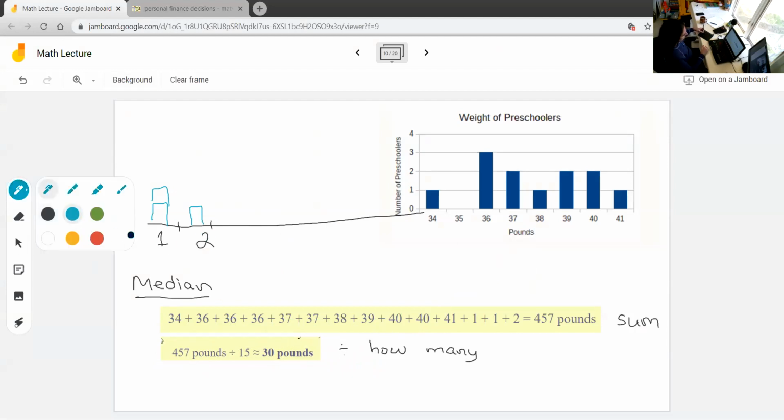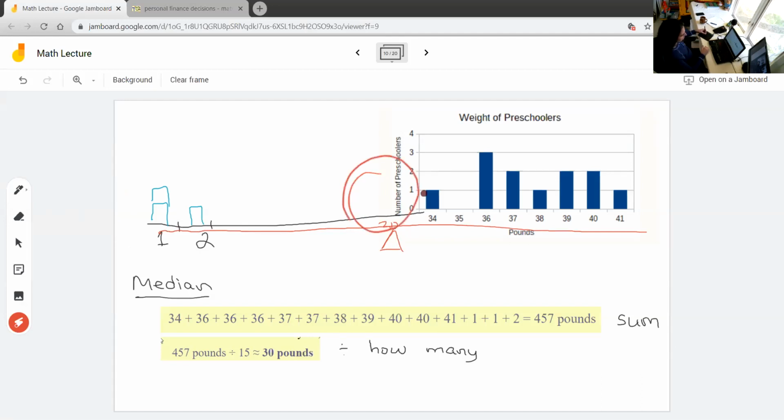So if I was to try and draw this as a teeter-totter, a balance point of 30, there's nothing here that actually weighs 30. All the kids weigh more. The stuffed animals weigh much less. These oddball cases messed us up. Do you see what happened?